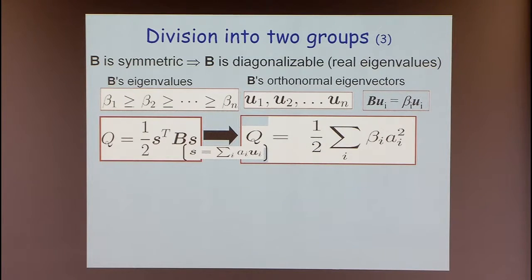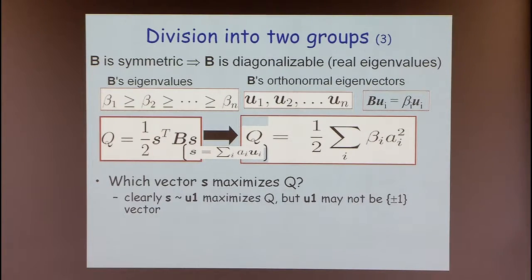Since the eigenvalues were given in a sorted sequence, you know that the highest eigenvalue is beta 1, and if you start with some vector with a given norm, the best for you is to maximize the weight that you give to the first eigenvector, because beta 1 is the maximal value that you can hope for. And so if you choose S to be proportional to the first eigenvector, then you are sure that you are optimizing your modularity function.